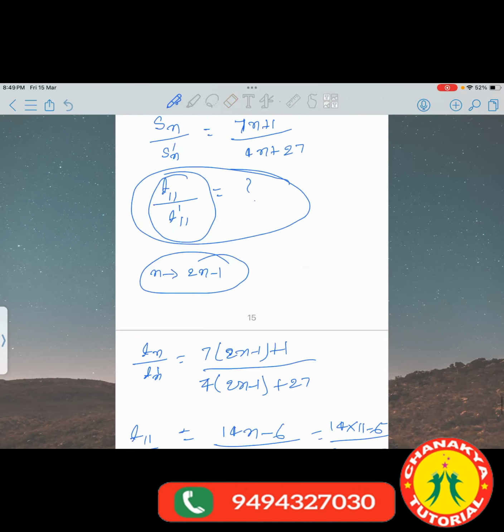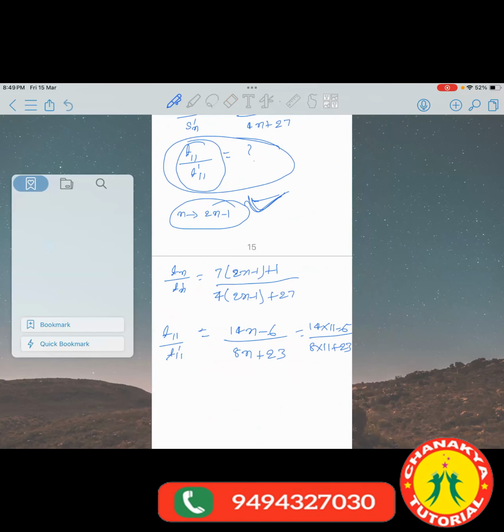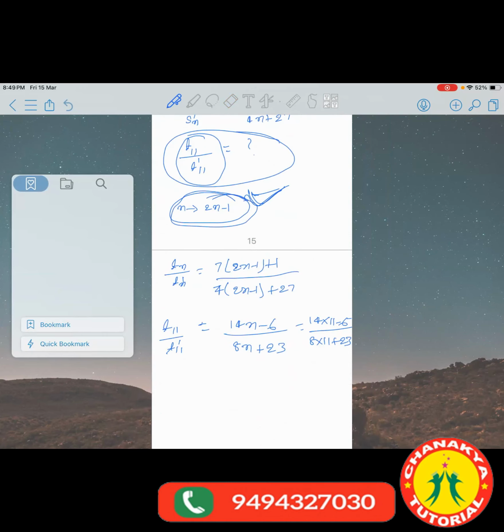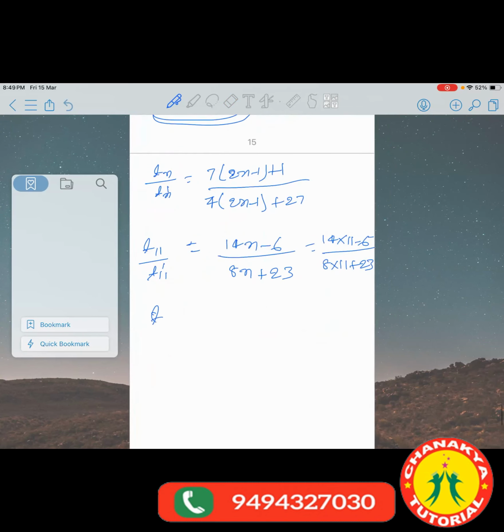But we have a doubt now: how do we replace n with 2n minus 1? Now we need to remember this shortcut. I am telling how it comes. And also, if Tn ratio is given and you want to find the Sn ratio, then we replace n with n plus 1 by 2.